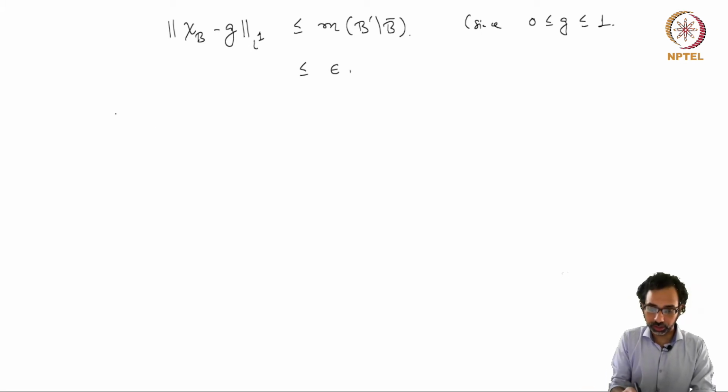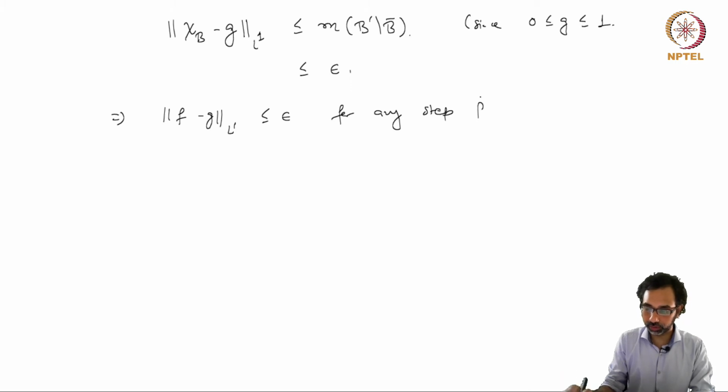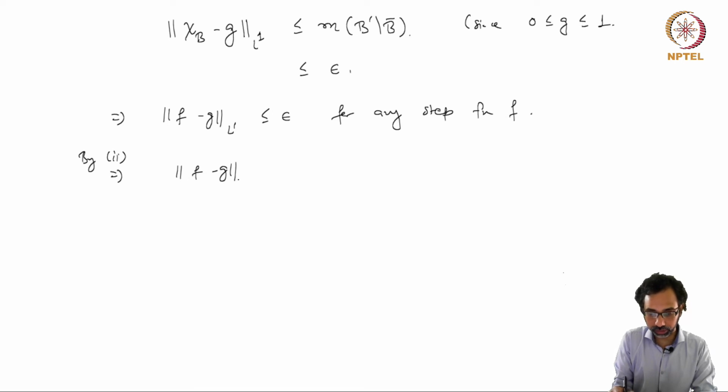So this implies that we have the norm of f minus g less than or equal to epsilon for any step function f, and this implies again by part 2 that f minus g is less than or equal to epsilon. Here this g is not the same as this g, so let me write g1 and g2.